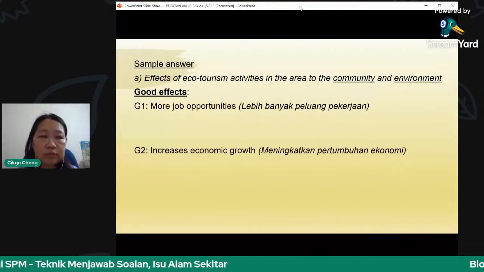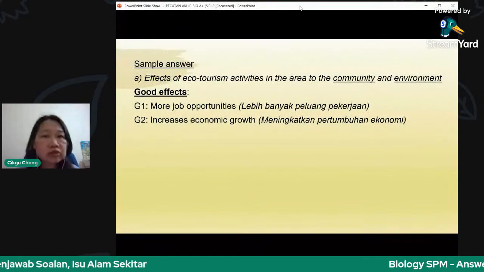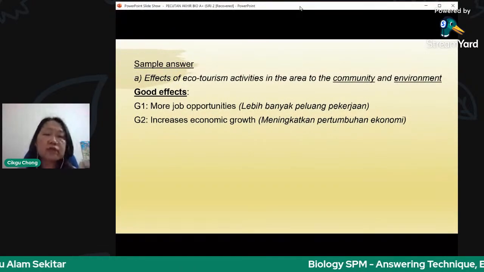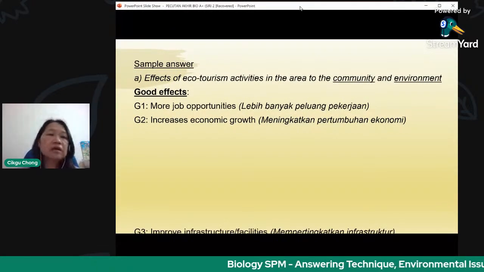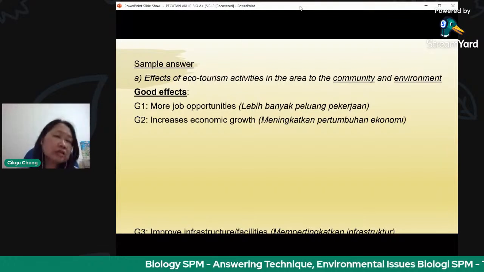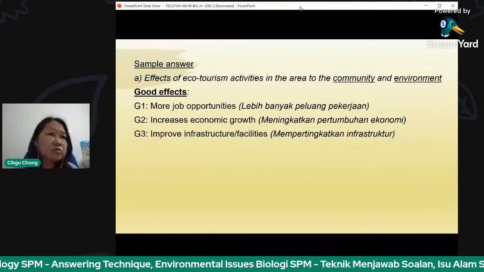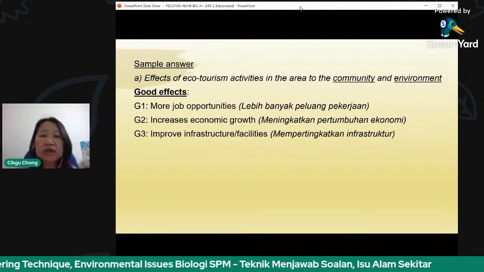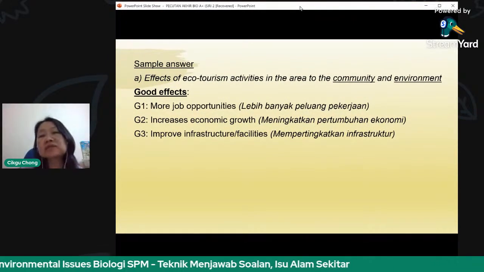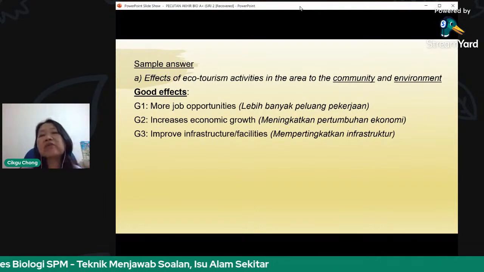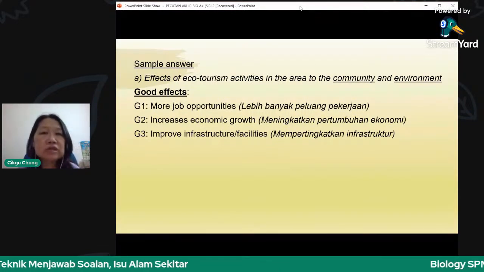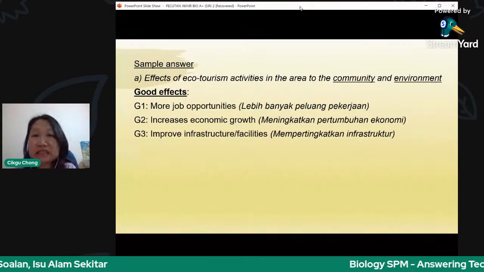When the tourists come over, they spend money in your country or your city or your town. It's good for economic growth. Improve infrastructure. When your town has a higher standard, they will provide maybe hospitals or parks and all that. Better facilities, because this is an area where a lot of tourists like to come. So definitely they will step up the facilities over there.